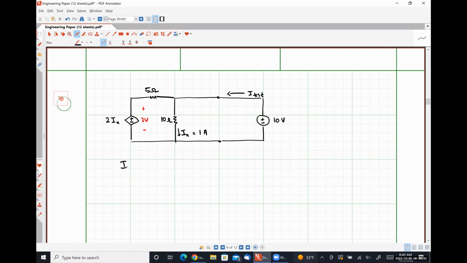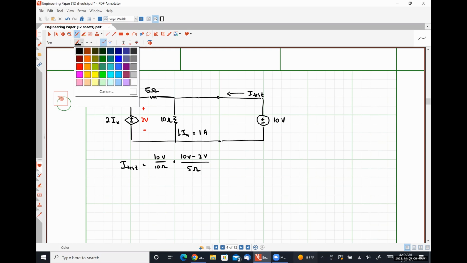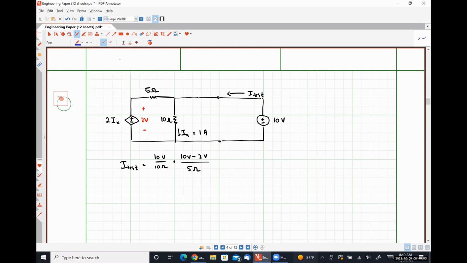So I test in this case is going to be 10 volts over 10 ohms plus 10 volts minus 2 volts over 5 ohms. I'm saying essentially the current flowing in, which is I test, is equal to the sum of these two currents flowing out. No need to set up a system of equations whatsoever.